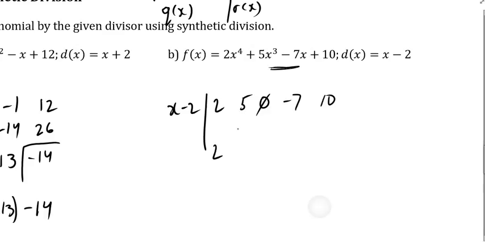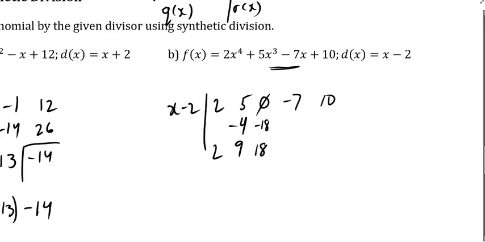Negative 2 times 2 is negative 4. 5 minus negative 4 is positive 9. Negative 2 times 9 is negative 18. Zero minus negative 18 is positive 18.